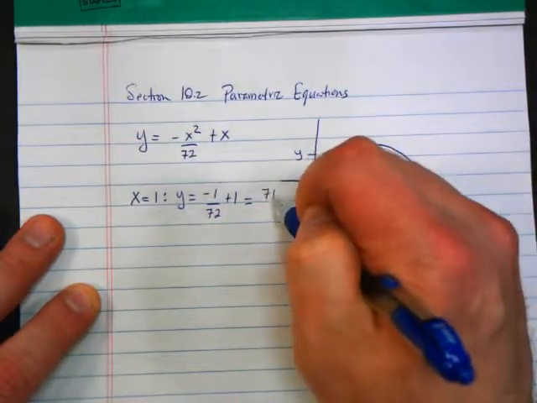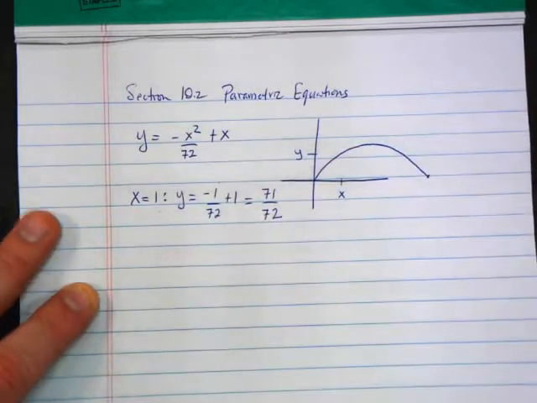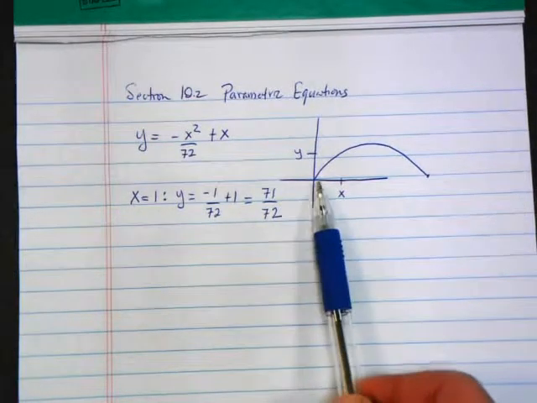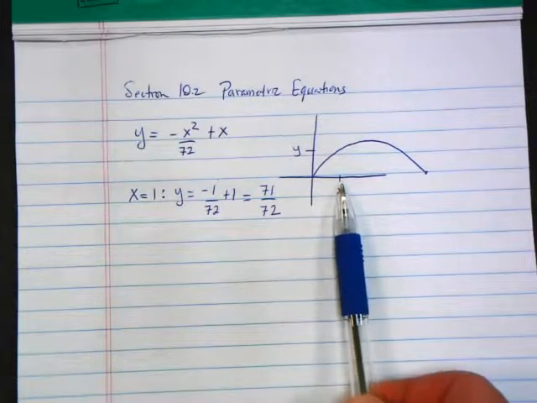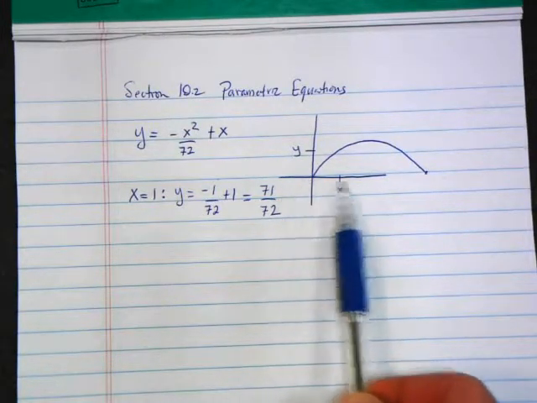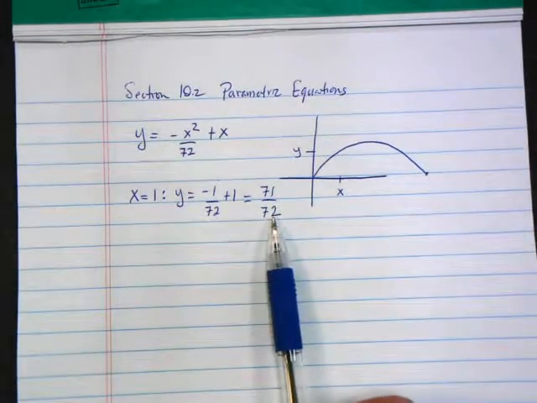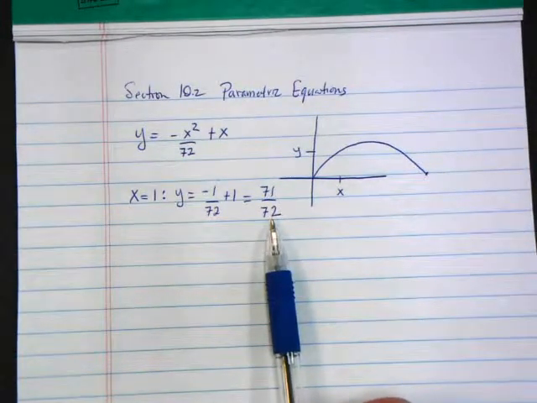That's 71 over 72. So what does that tell you? That tells you when the object is 1 foot horizontally from where you started, the object is 71 over 72 feet in the air.